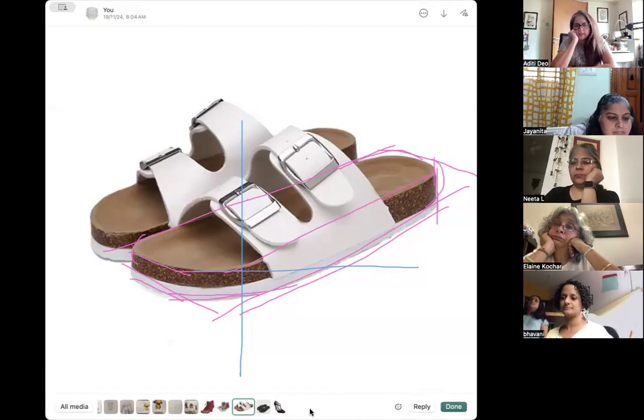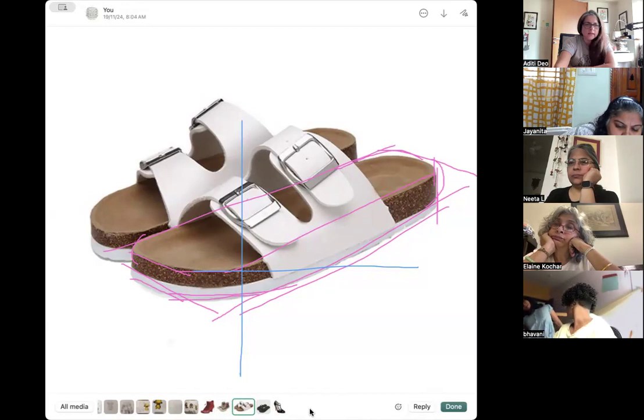So somewhere you detach from the shoe and start focusing on the line. And only then will you be able to also see the relevant lines in other objects.